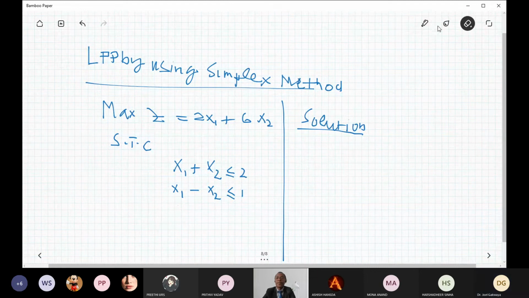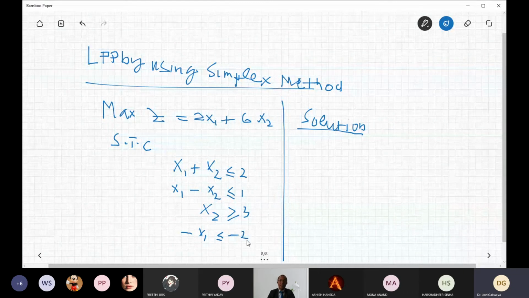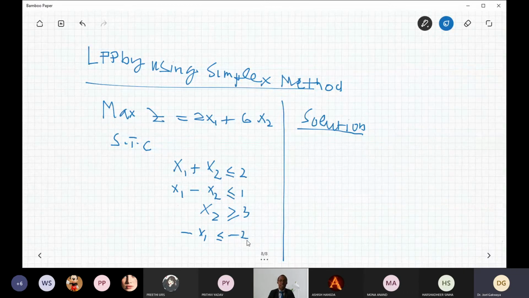So let me take x2 greater than or equal to 3, which gives minus x2 minus x1 lesser than or equal to minus 2. You get it now?